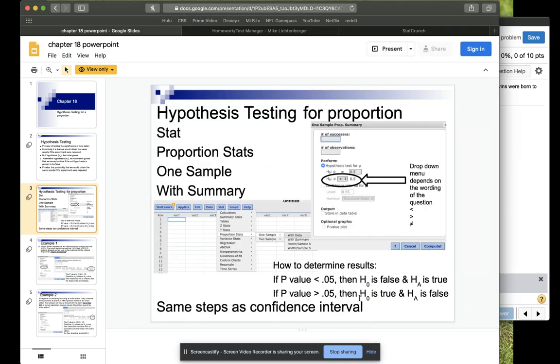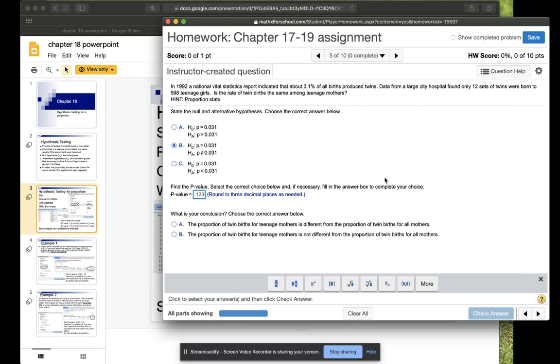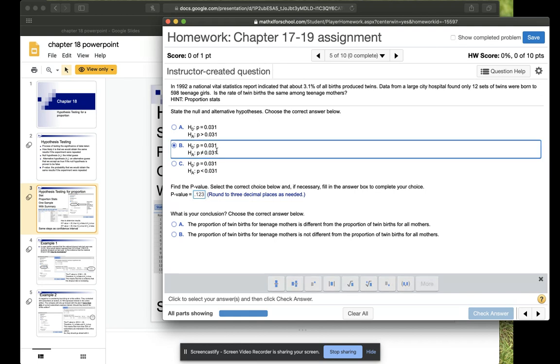And if it's bigger than 5%, that means our initial guess is true, and thus our alternative is false. So in this case, we're saying that the equals part is true, and the not equals part is false. So is it different or is it not different?